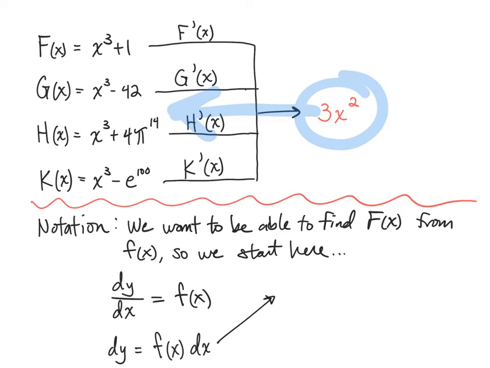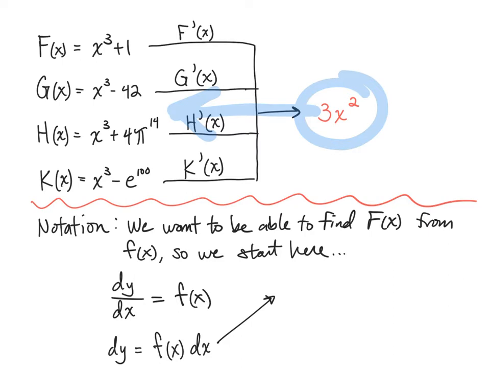As far as the notation is concerned, we want to be able to find the capital function from the lower function. So we start here. Remember we were having differentials not that long ago.